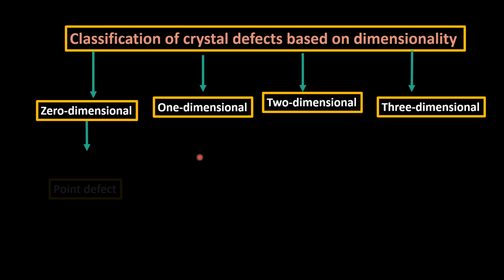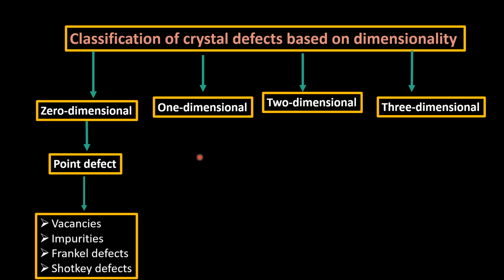Zero-dimensional defects contain point defects, and point defects can further be subdivided into vacancies, impurities, Frenkel defects or Schottky defects. All these kinds of defects are point defects.